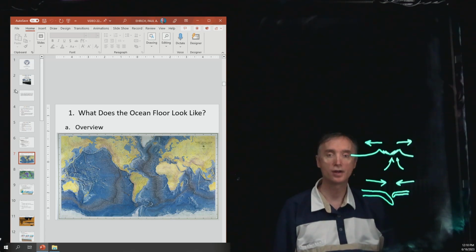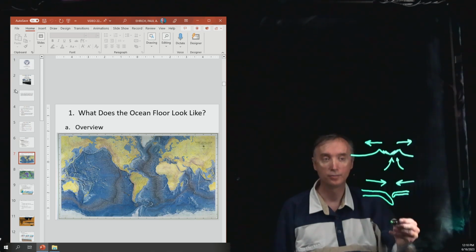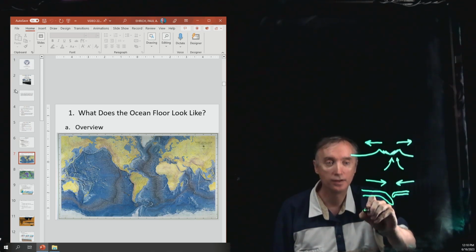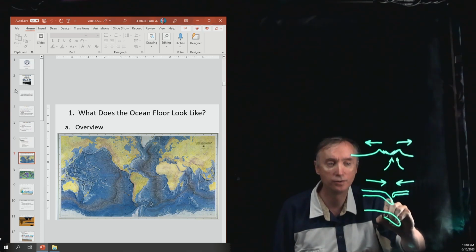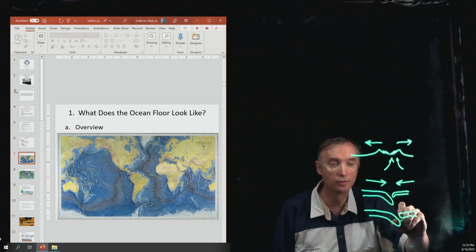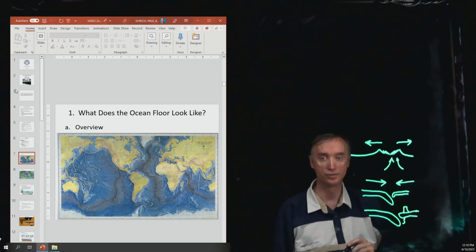Okay, then you could also have a situation in which an ocean plate was hitting a continental plate, and again, the ocean plate is going to go underneath the continental plate, and then when it melts, the lighter materials are going to come to the surface, and so we're going to get volcanic mountains there.